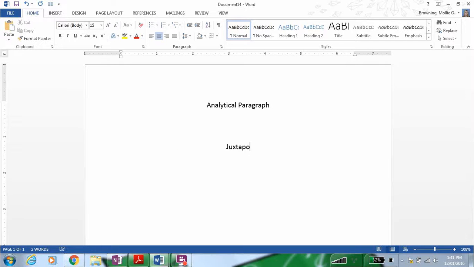So he's using juxtaposition to show how powerful symbols are. And if I want to be really good, I would say what symbols I'm going to talk about. So juxtaposition of, particularly, the power of the cats.